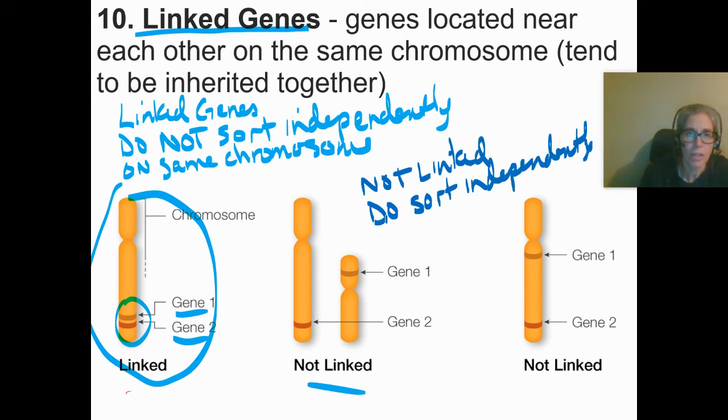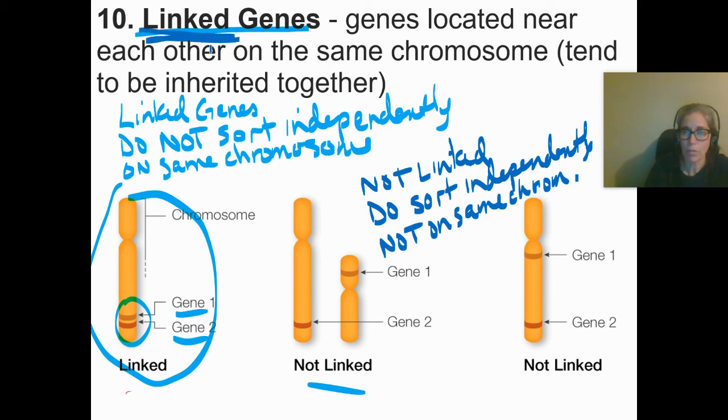And we would say that they are either not on the same chromosome, or they're very far apart on a chromosome, so that crossover is very likely to happen. So don't confuse this with X-linked or sex-linked, same part of the name, but X-linked means it's on an X chromosome. Sex-linked means it's either on an X or a Y. Linked genes just mean that they're on any old chromosome but close to each other.